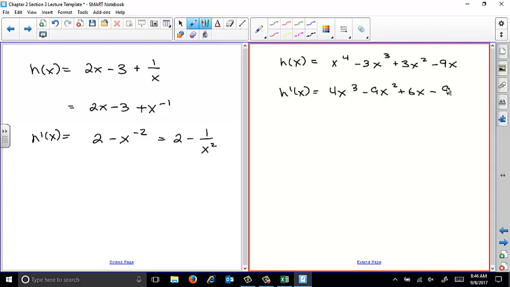Did anybody get that yet? So what you're supposed to do is use the product rule, then multiply it out and simplify it.